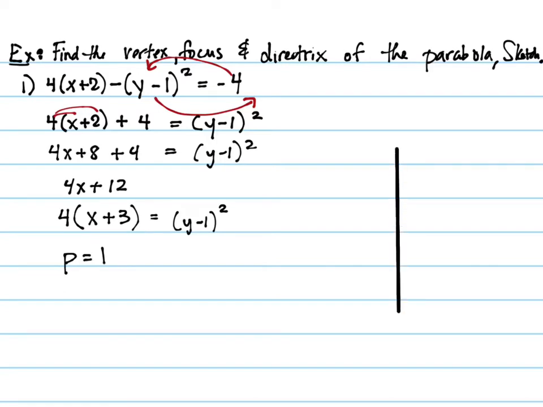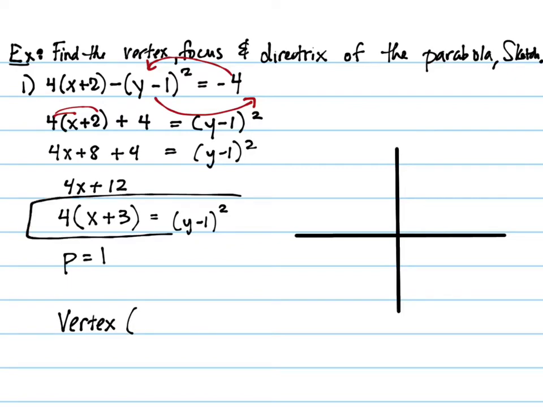So at the moment, we know that we have a vertex at a specific spot. Of course, we haven't written it out, so maybe we should start there. What is the vertex for the equation that I've got? And I'm specifically looking at this point now of my equation. Negative 3, 1. So the order is always xy, just like it always is, but the x value is grouped with the x, whether it's on the right side or the left side doesn't matter, and then the y value has the k value with it.